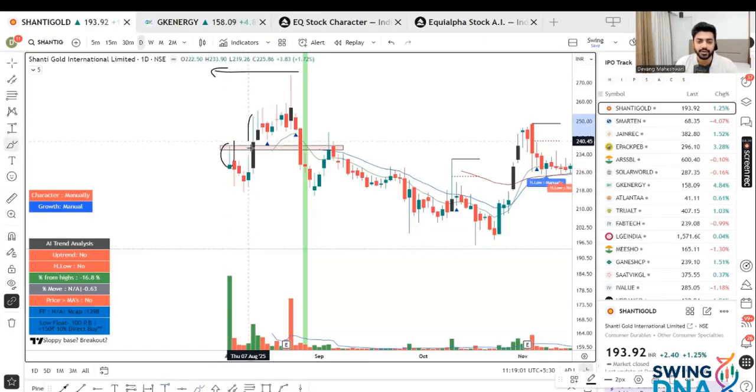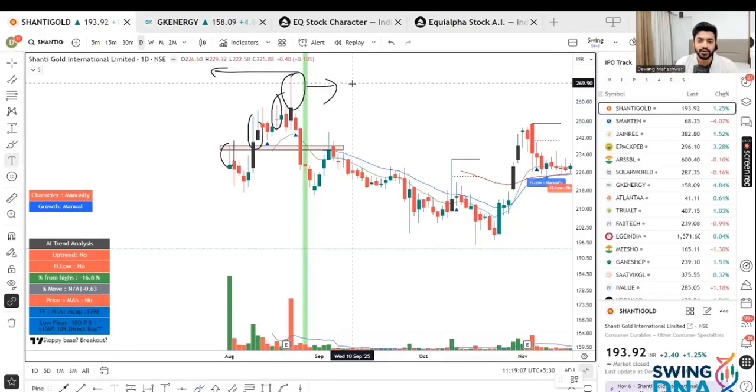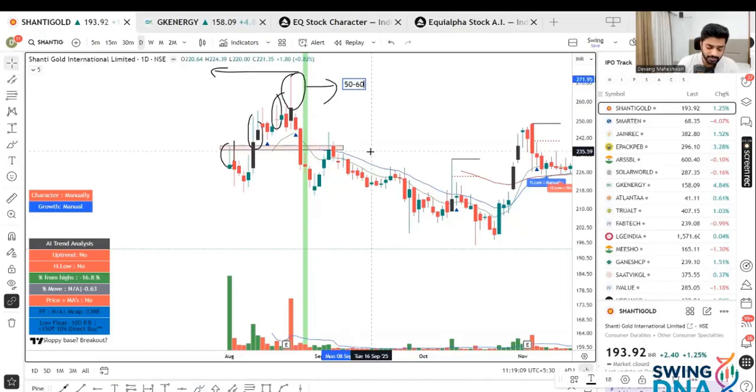Here on listing, then here, and typically 50-60% of stocks, immediately after listing, for the first 15 sessions, will be like this only, with a high level of wicks.